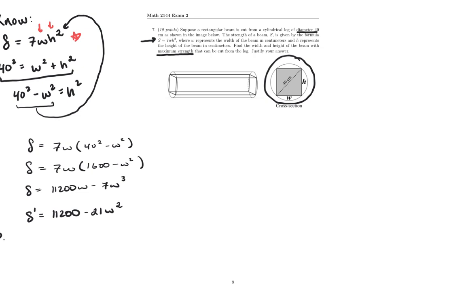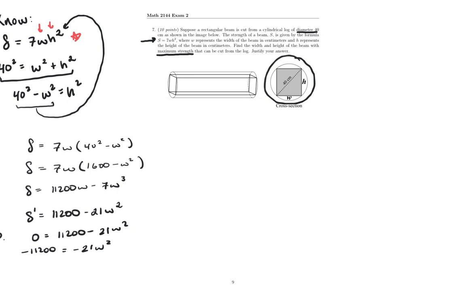Okay, so I need to evaluate critical points, right? And critical points occur where the derivative is 0 or does not exist. So I'm going to set this equal to 0. So 0 is equal to 11,200 minus 21W squared, and I want to solve for W. So I move over this 11,200, and then I'm going to divide both sides by negative 21.